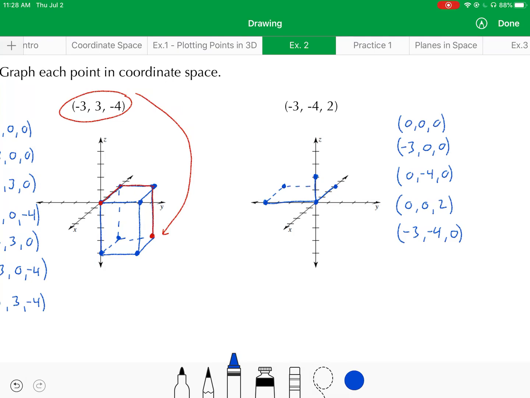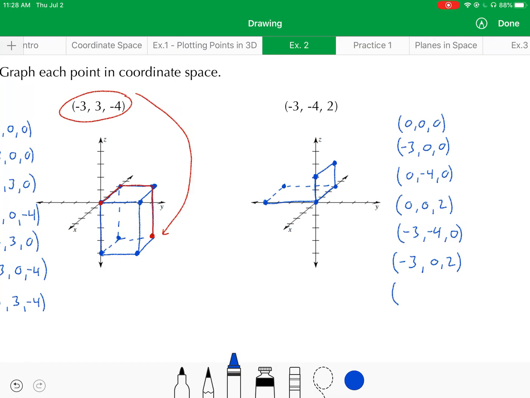And then this line is parallel with the y-axis. Next point will be -3, 0, 2. Okay, so that's 3 back and 2 units up. Connect here to be parallel with the z-axis. Connect here to be parallel with the x-axis.